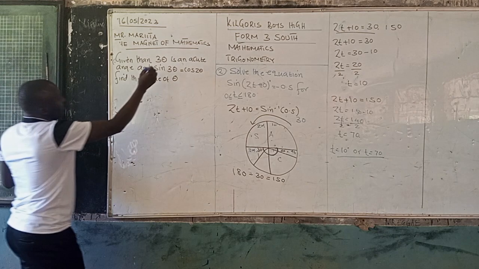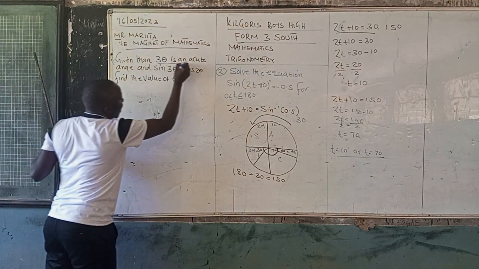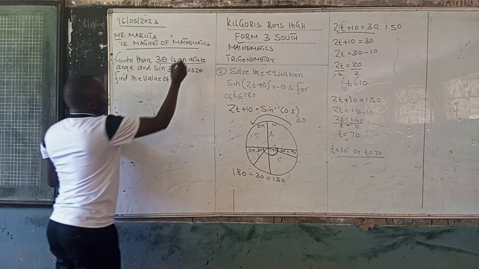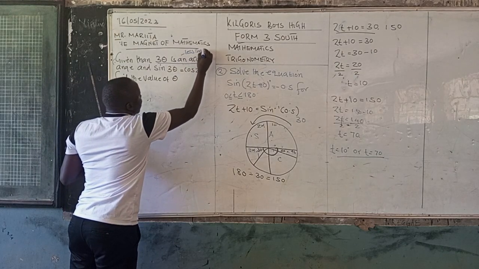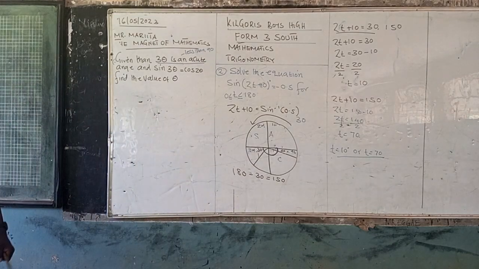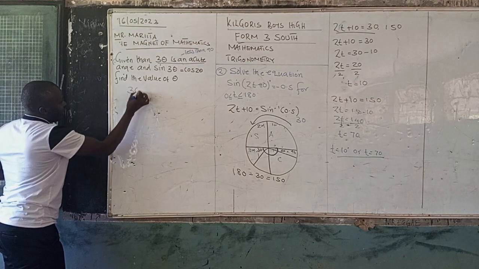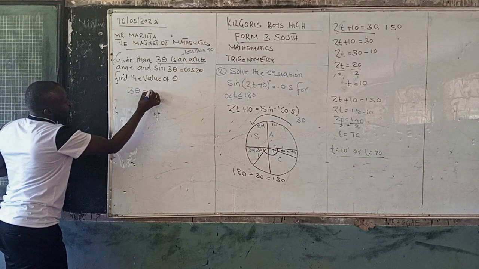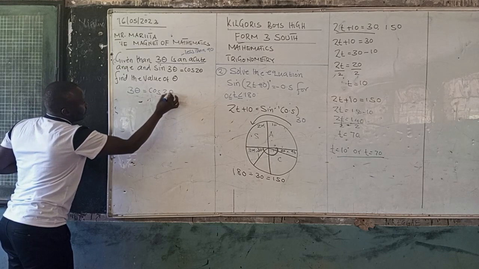Now we have been given that theta is an acute angle. So this is an angle which is less than 90 degrees. So then we have sine 3 theta equals cos 2 theta.